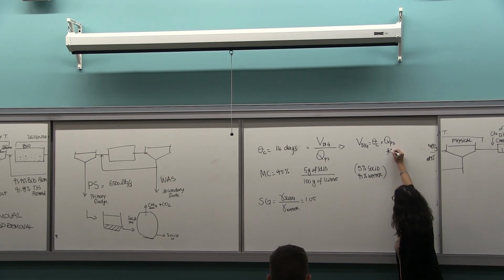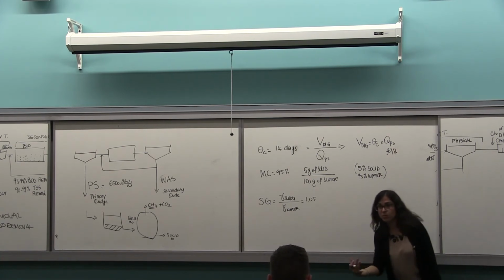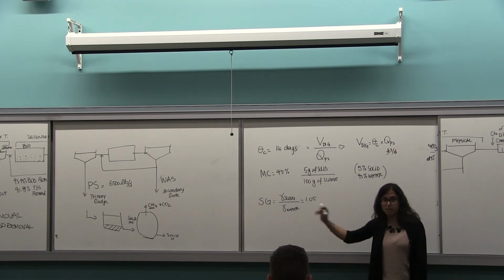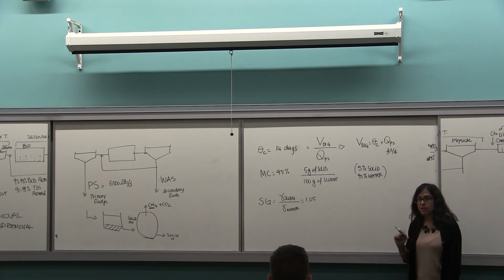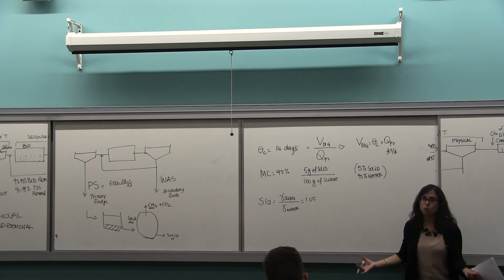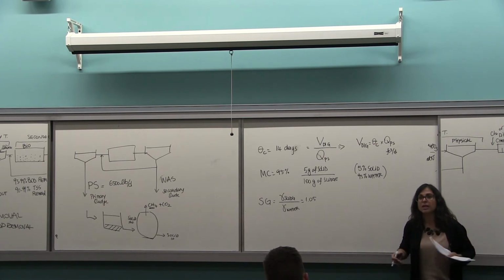Flow rate in cubic feet per day. I know how many pounds of solids are in the primary sludge, but I need to know how many cubic feet of primary sludge, water and solids, are coming in, because that's my flow rate.